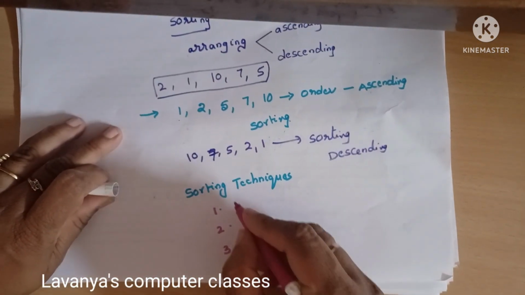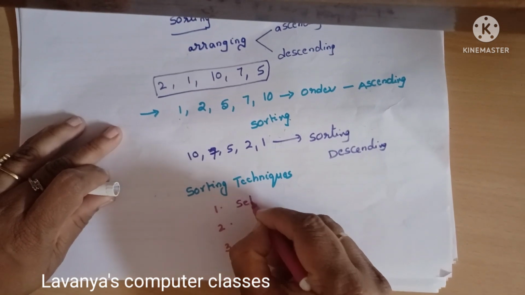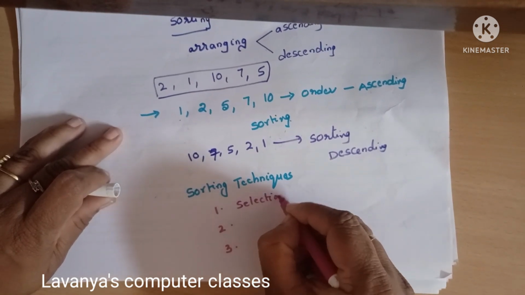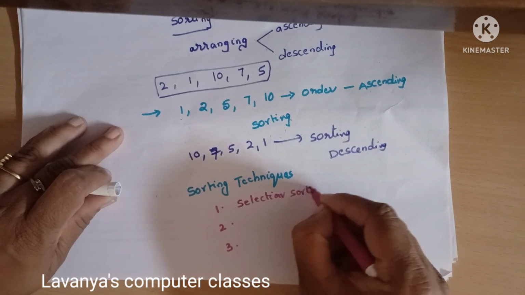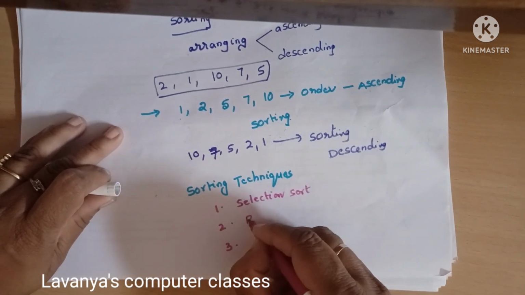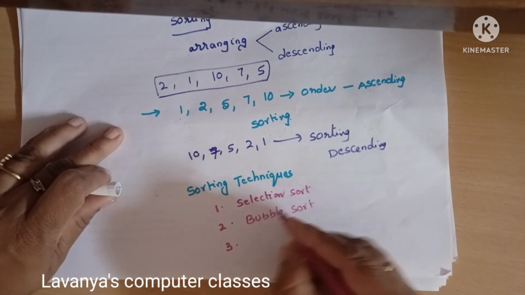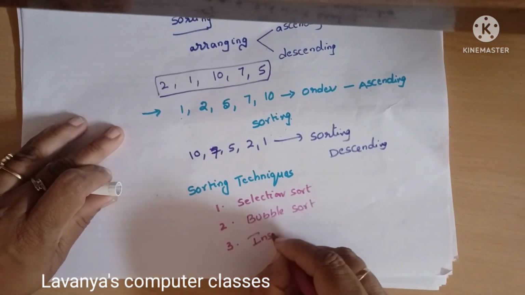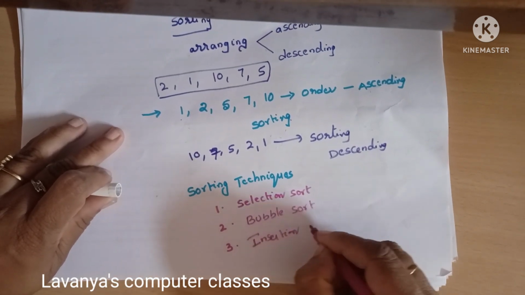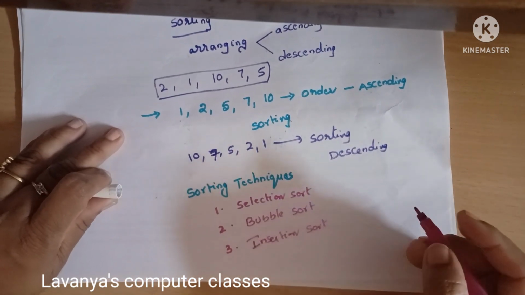First one is selection sort, second is bubble sort, and third is insertion sort.